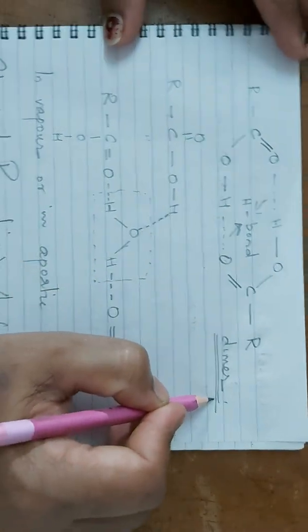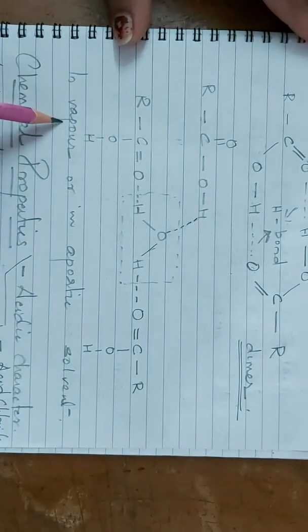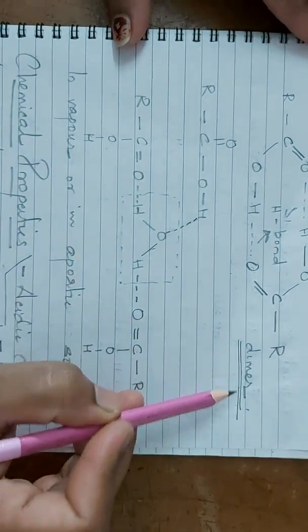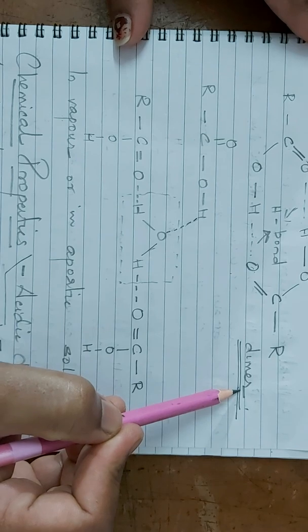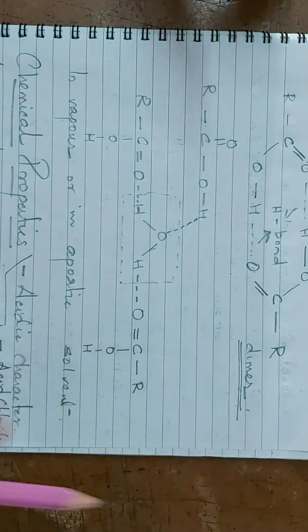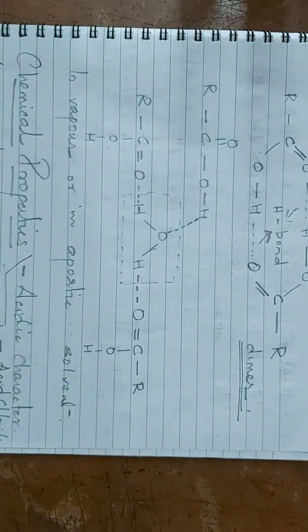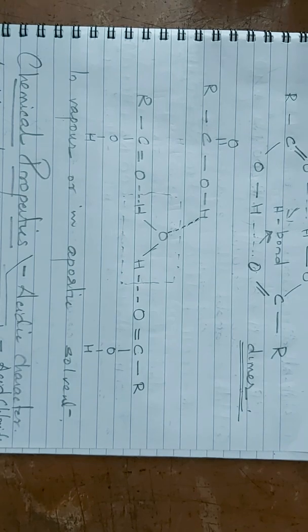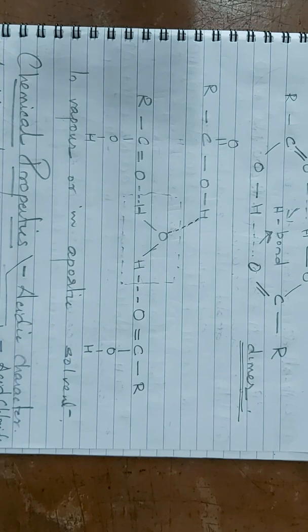The important point is that even in vapor form, when they get vaporized, they can still remain as dimers. Getting into the vapor form is what we call boiling. That happens very slowly because the molecules are tied to each other with hydrogen bonding and remain as dimers.